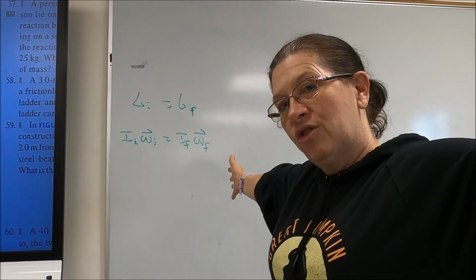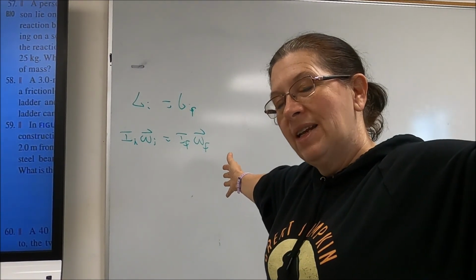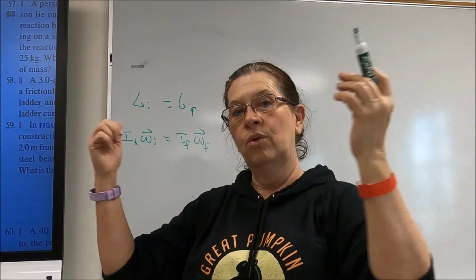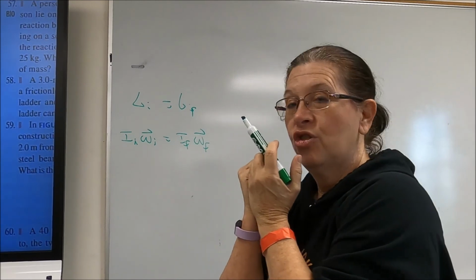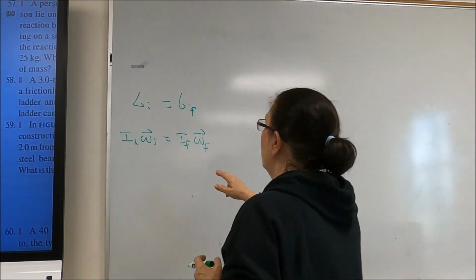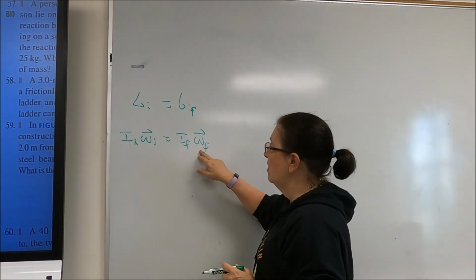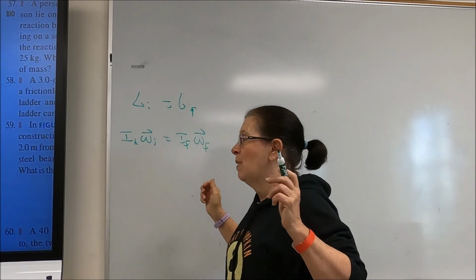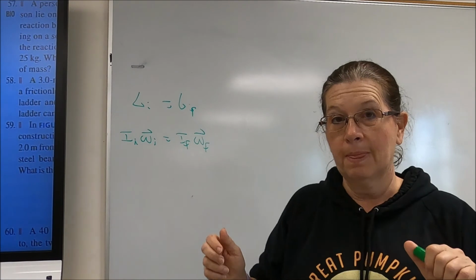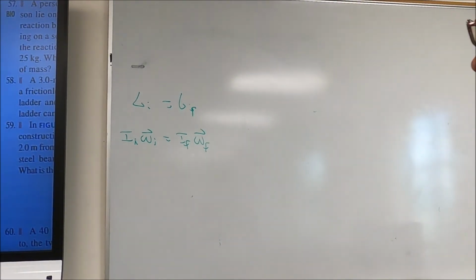Moment of inertia is greater when the object is spread out. When it gets smaller, like drawing the arms in, the moment of inertia decreases. So when the arms are pulled in, they're going to spin faster. When they throw their arms back out, they spin slower. So that's conservation of angular momentum, and it's this very simple equation.